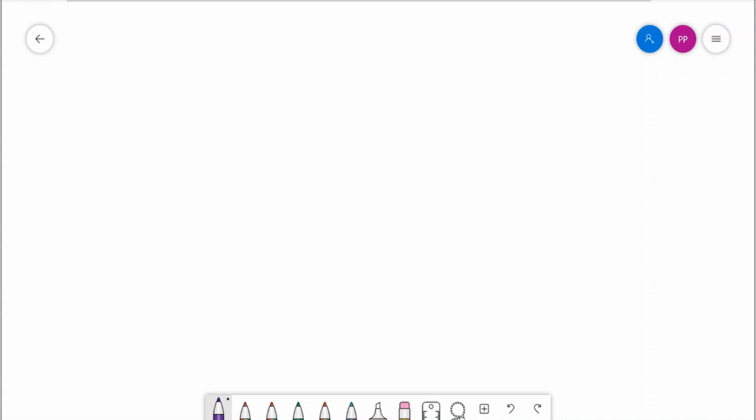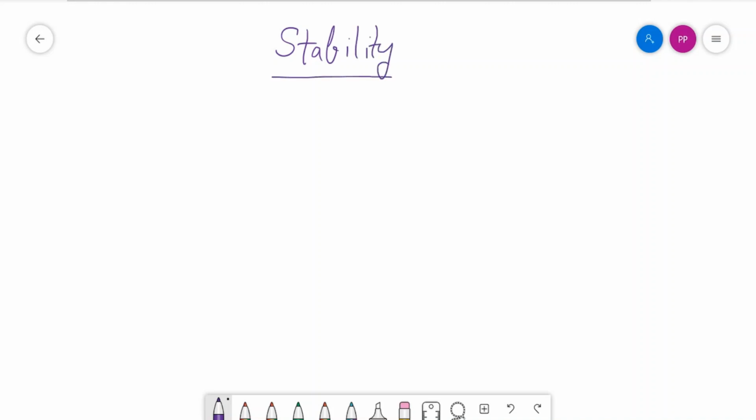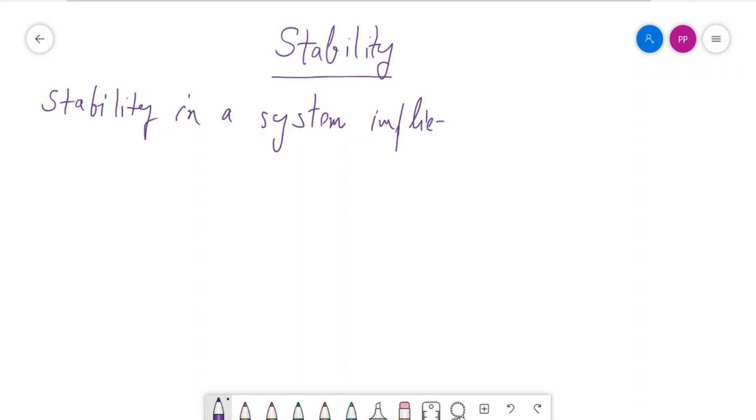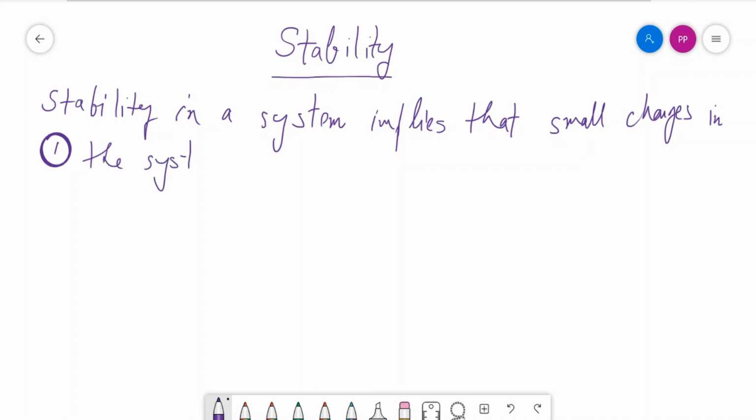So we start with stability. Stability in a system implies that small changes in number one, the system input.